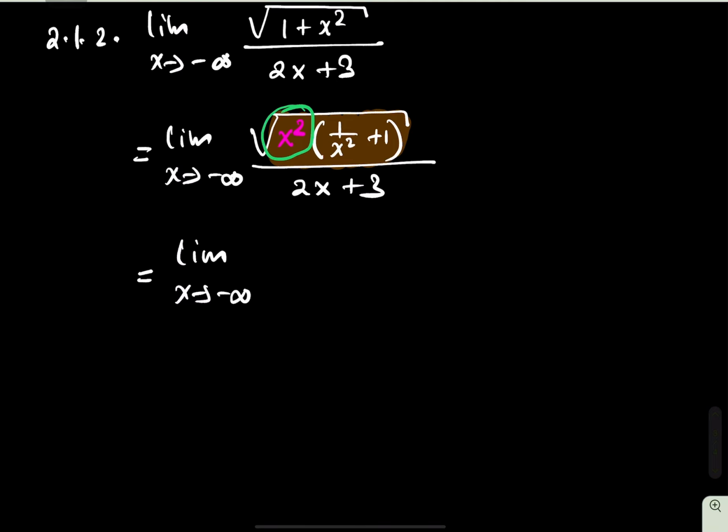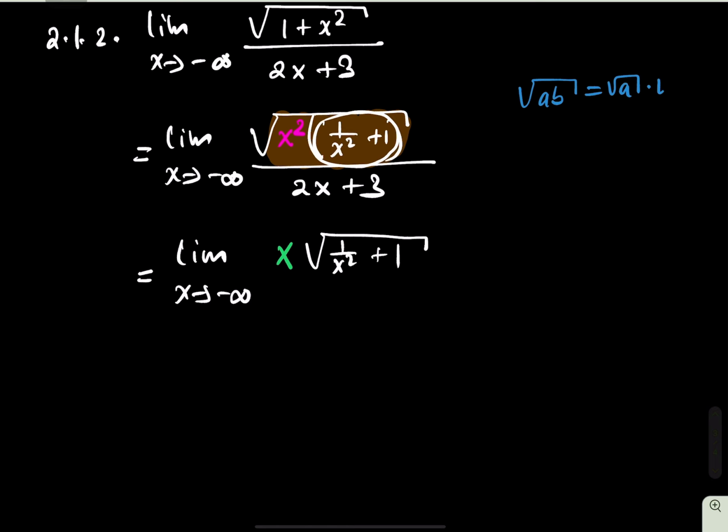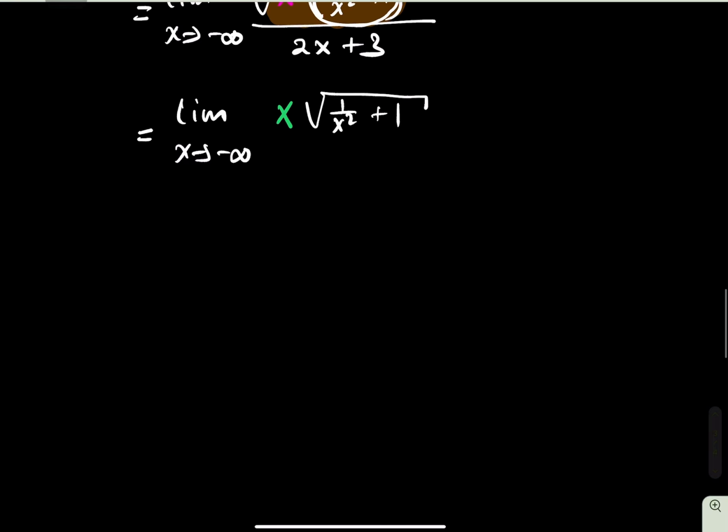You square this one, it's really going to give you x, and then you square the other factor, and that is the square root of 1 over x squared plus 1. What we are using here is this rule from the lower grades. It states that the square root of AB multiplied together is the same as the square root of A multiplied by the square root of B. So this should be very easy to see.